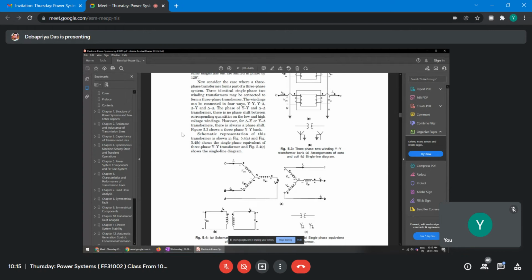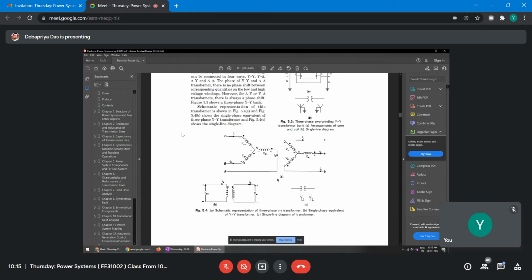Now, if it is a balanced system, this can be represented by a single line diagram. Say for phase A, this is VAN, the current flowing through this is IA, and this is VAN on the secondary side, and the current going out. If a load is connected, but schematically it is shown like this, right? And this is the star star, shown here in figure 5.3. So this way we represent a single phase for the transformer, right? This is for the star star connection.